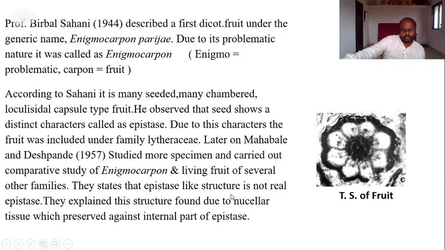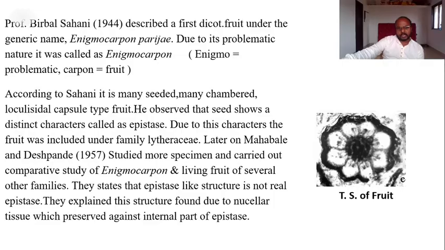Later on, two scientists, Mahabale and Deshpande, in 1957 studied more specimens of the fruit and carried out a comparative study of the Enigmocarpon fruit and living fruits, as well as some other fossil fruits. They stated that the epistase-like structure is not a real epistase, nor is it an embryonic structure. They explained that the structure was found due to nucellar tissue which was preserved against the internal part.